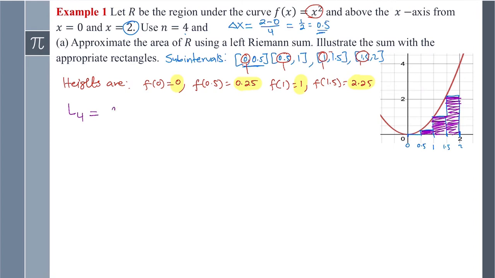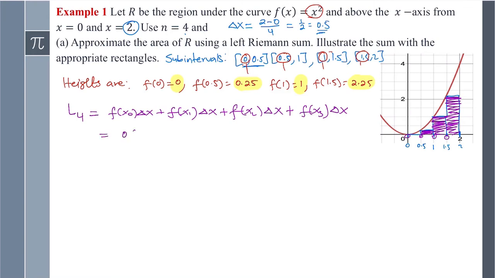So let's write the formula: f of x0 times delta x plus f of x1 times delta x plus f of x2 times delta x plus f of x3 times delta x. We don't go to x4 because we are taking the left endpoint. These are the ones that determine the height, because we are taking the left Riemann sum.